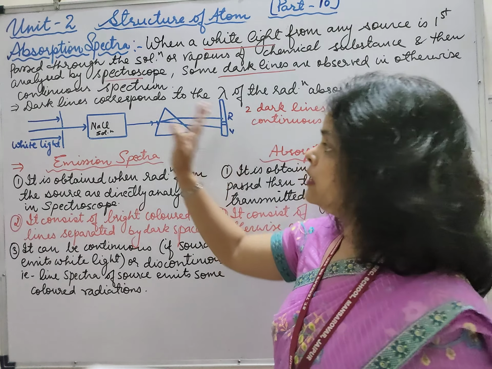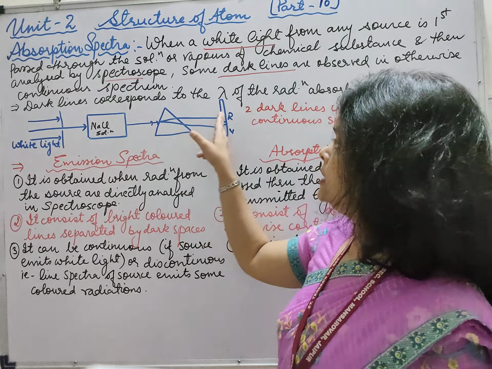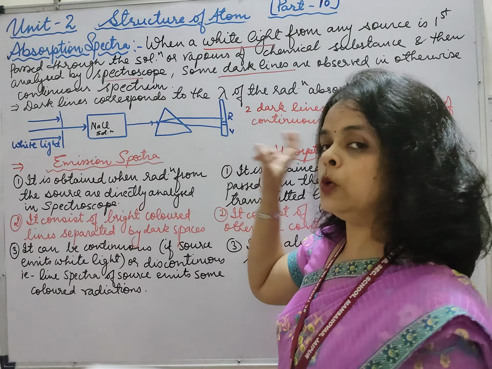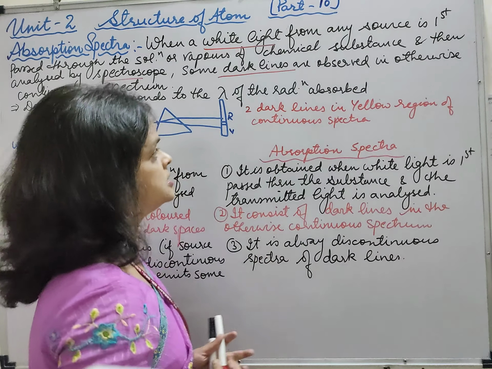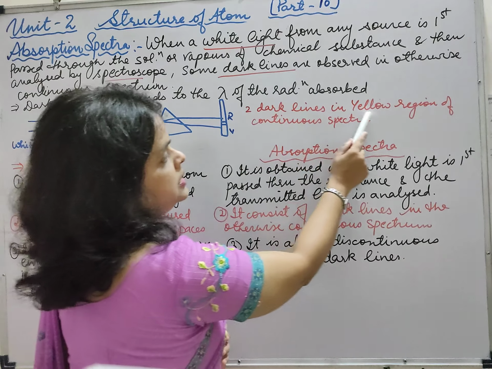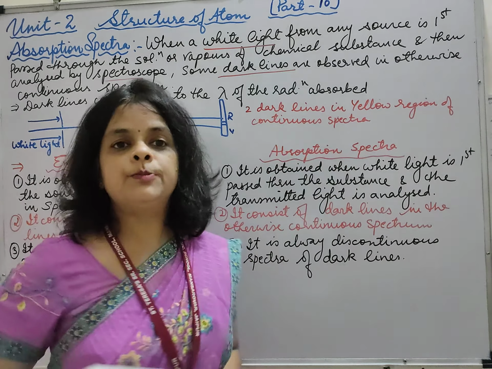Okay, so here in NaCl we will get two dark lines. Yellow region में हमें दो dark lines मिलेगी, two dark lines in yellow region of continuous spectrum.